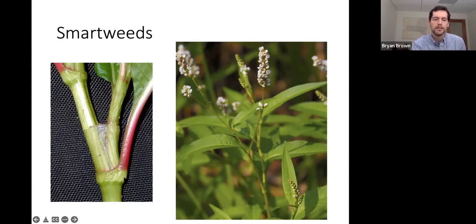The key with Smartweeds and this family in general, the Polygonum family. If you've seen Japanese knotweed on the side of the road, this is in the same family. It has these joints where the leaves come out, these jointed stems, and there's a sheath around those joints called the ochrea. That's present in all of our Polygonum species.